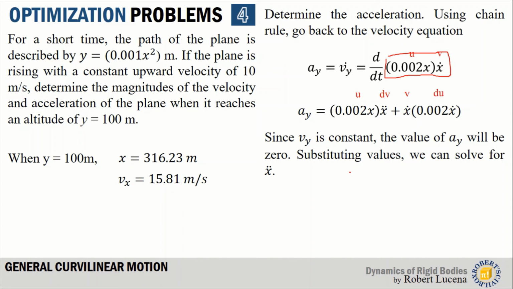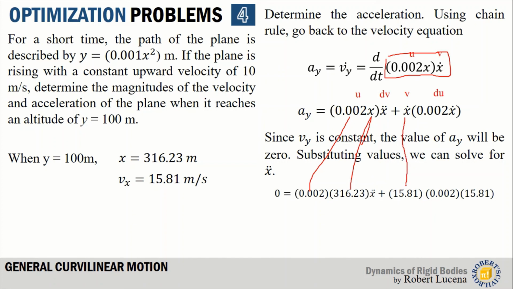And substituting the rest of the values, we have 0.002, the value of x is 316.23, x double dot is the unknown, x dot is 15.81. We can now get the x component acceleration equal to negative 0.79 meters per second squared.